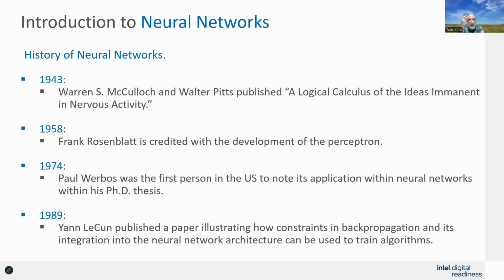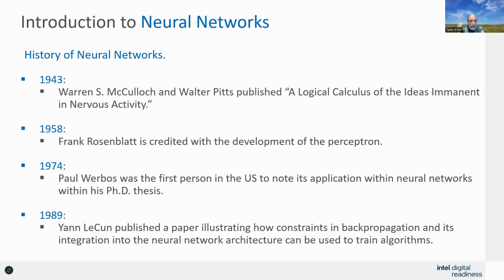They were looking at what our nervous system was doing and trying to figure out how it operated and how pathways were formed in the brain to learn information. And in 1958, Rosenblatt developed the perceptron, which is an important aspect of this.